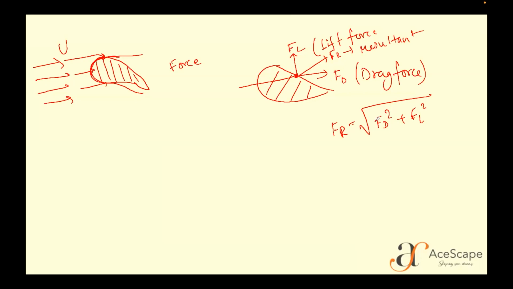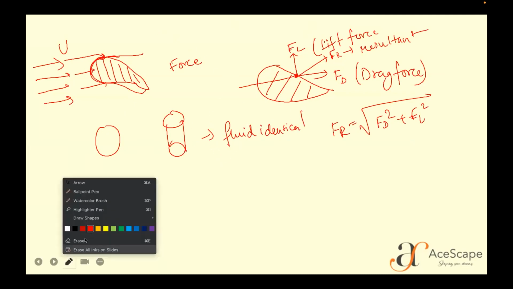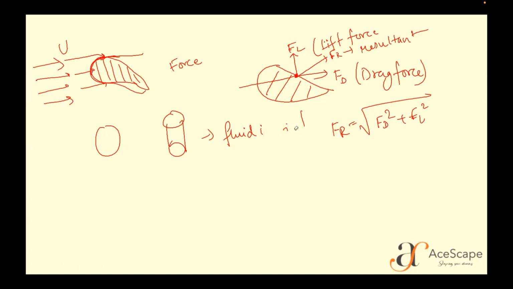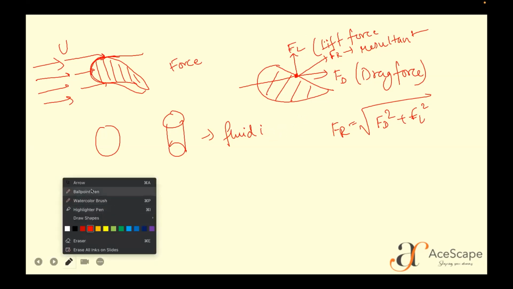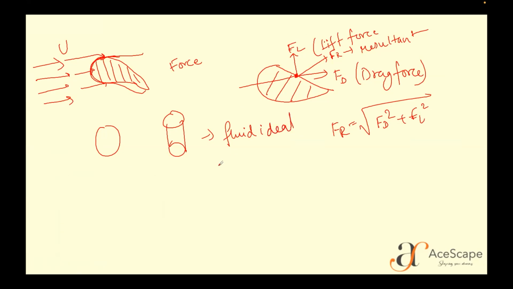If the fluid is assumed to be ideal and the body is symmetrical, like a sphere or some cylinder, then both the drag and lift forces will be 0.